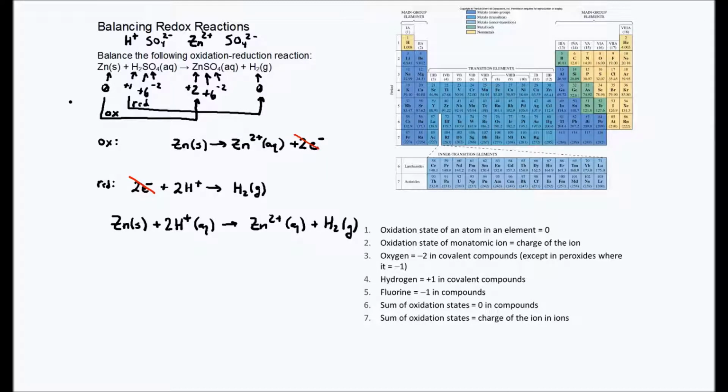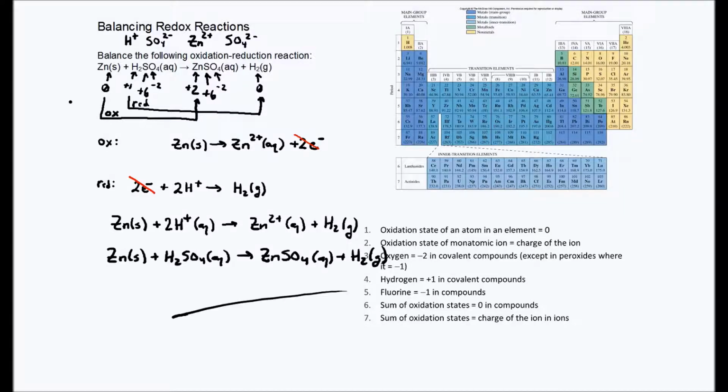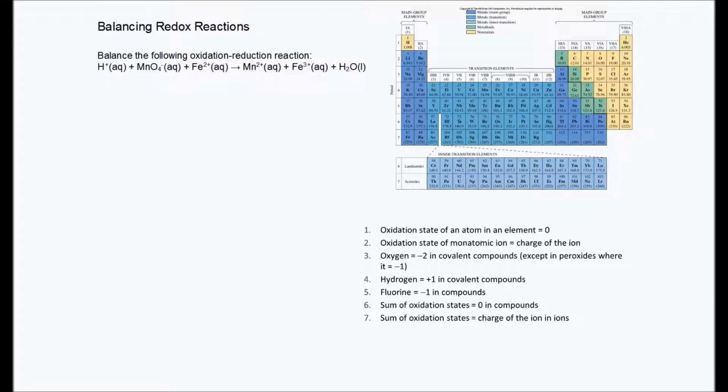I'm going to put my sulfates back where they go. So Zn solid plus H2SO4 aqueous makes ZnSO4 aqueous plus H2 gas. Done. This is now balanced.